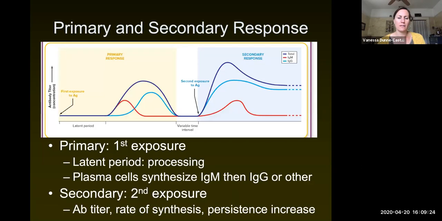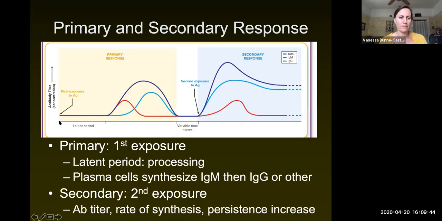This is a concept of the first and second time around. So the first time you're exposed to a pathogen, a virus or a bacteria, we recall this as our time frame we put behind in the early part of chapter 12, where your first exposure to antigen causes an inflammatory response. Right?